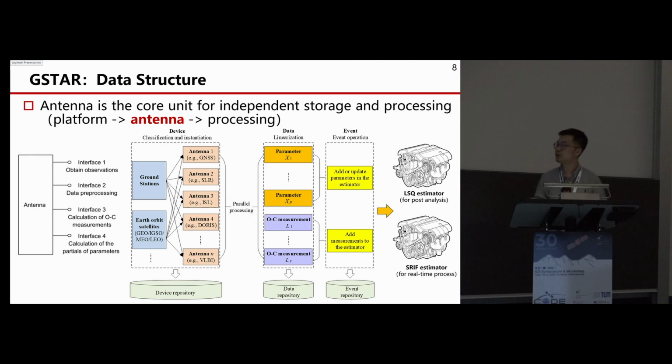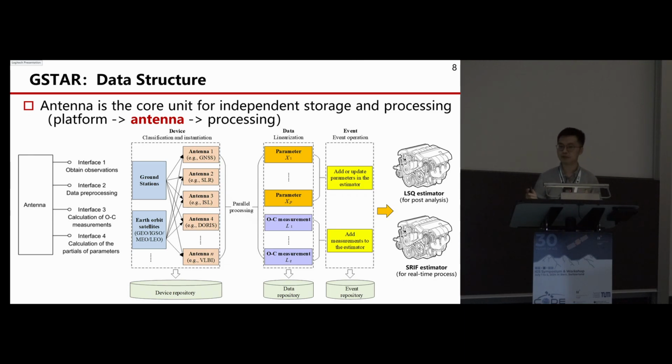When we design the data structure, we consider that the future satellite is assumed to have a number of sensors on board, for example, the GNSS satellites. So the antenna is taken as the core unit for data storage and processing. The antenna is designed as the base class with 4 interfaces, so developers can implement these interfaces for different techniques.